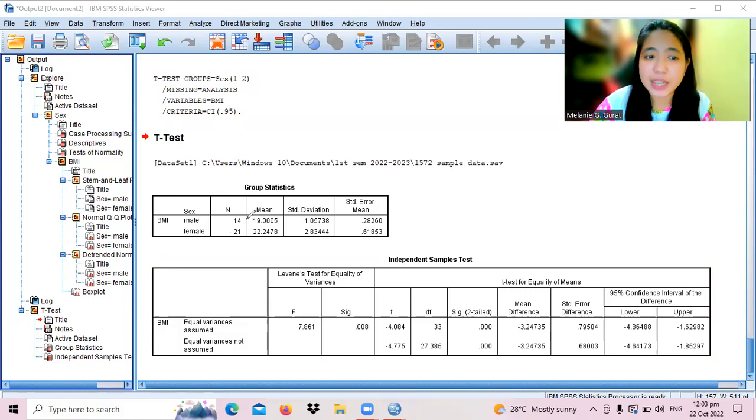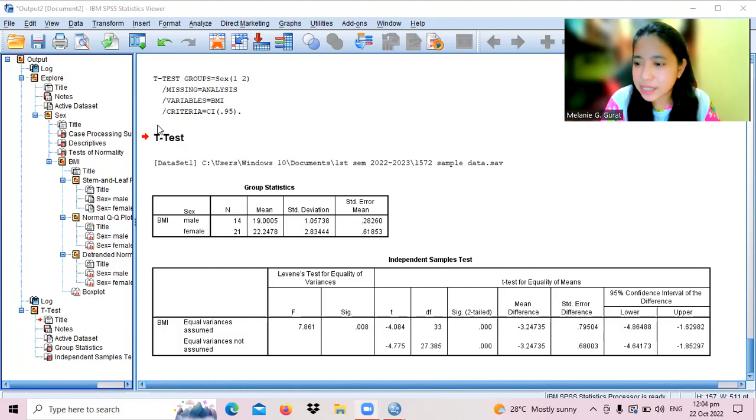So there are 14 males, 21 females, and the value of the mean. We see in this table that we have a higher mean for female and a lower one for male. For the standard deviation, we can also have an idea of what the standard deviation of our data is because it's also presented. And of course, the standard error mean.